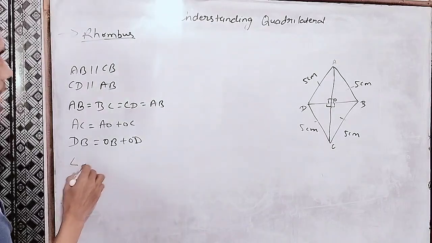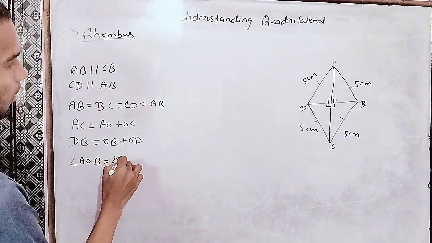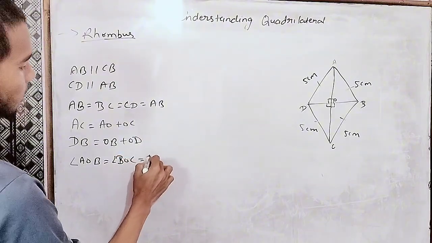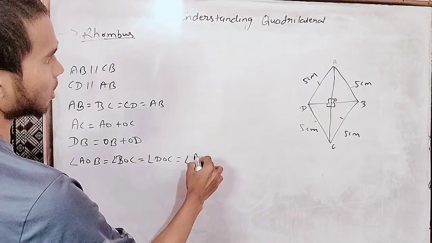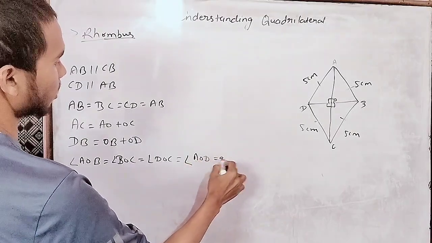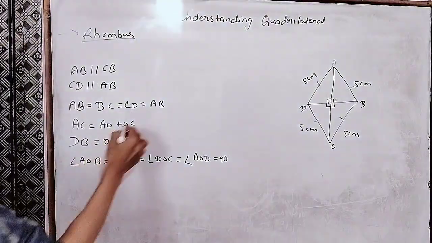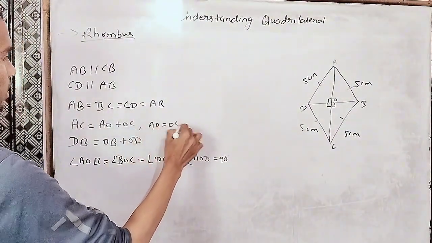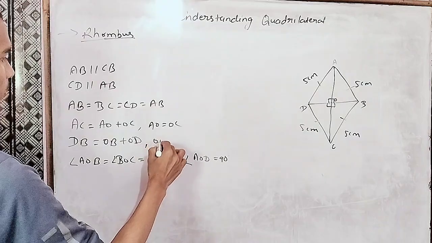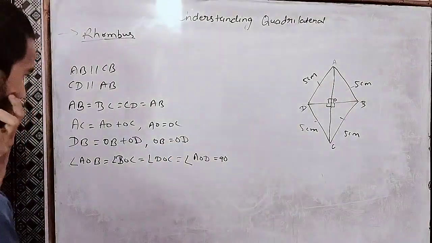Here we can write that angle AOB, angle BOC, angle DOC and angle AOD are making 90 degrees. And from here you can write that AO equals OC and OB equals OD. Clear?